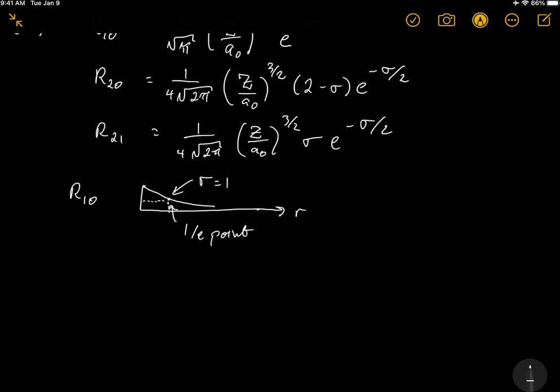Not at r equals sigma, at sigma equals 1. So that 1 over e point is going to happen at sigma equals 1, and since sigma is equal to Zr over a naught, it's going to be at a value of Zr over a naught equals 1, and so you can do a little math there to find out where the 1 over e point is.